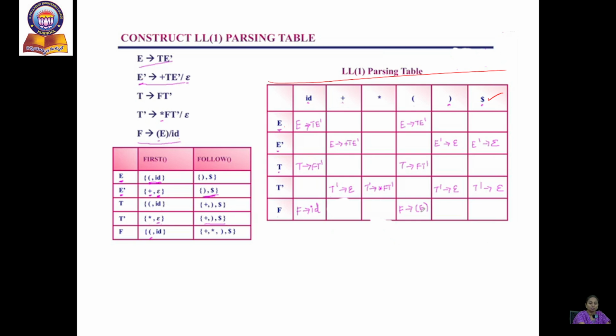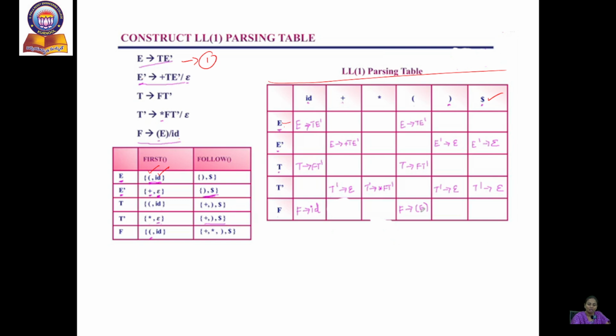Coming to the first production, E derives TE dash. This production can be written in the table by following its first function and follow function. First we will consider the first function only. The first function of E has open bracket and ID. So this production E derives TE dash can be written in both boxes where E and ID, and E and open bracket, are intersecting in the table.